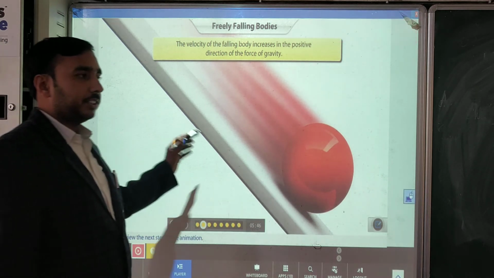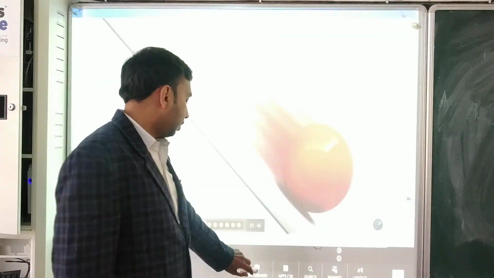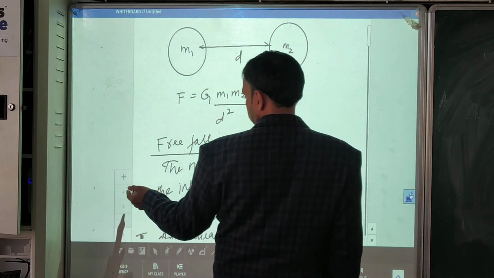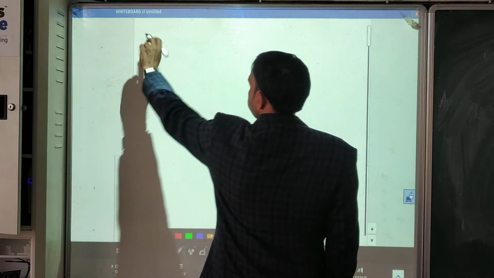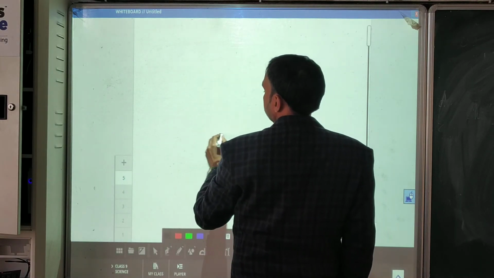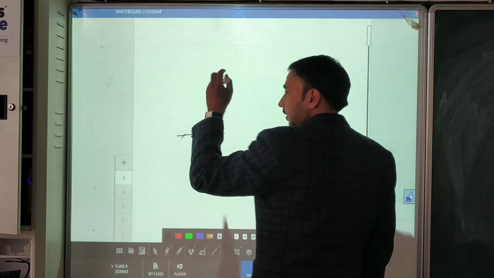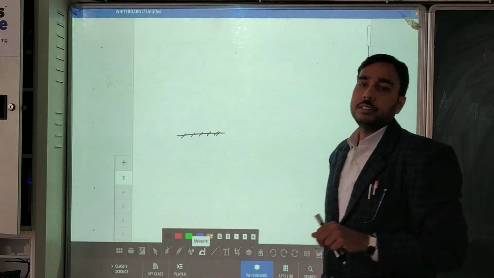This is what I have just discussed with all of you: if we drop a body from a certain height, then it will reach the ground with a velocity.